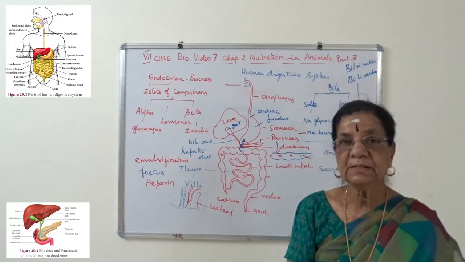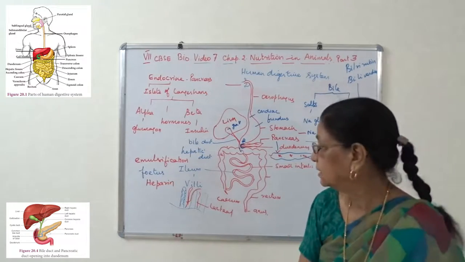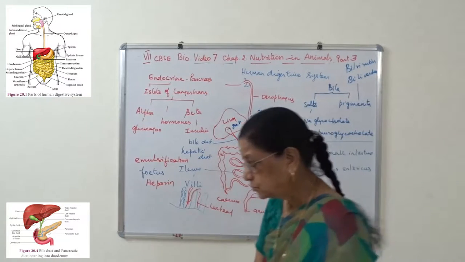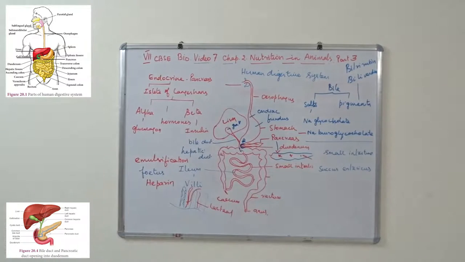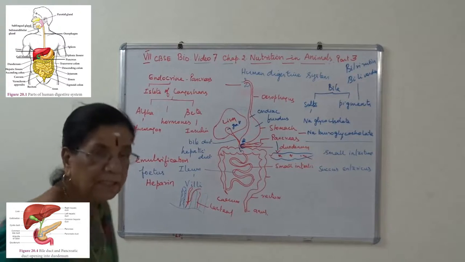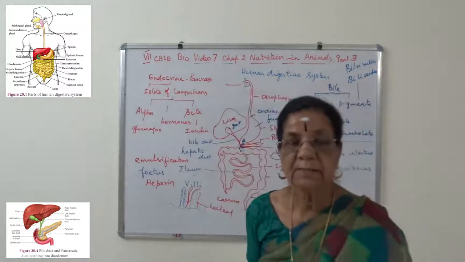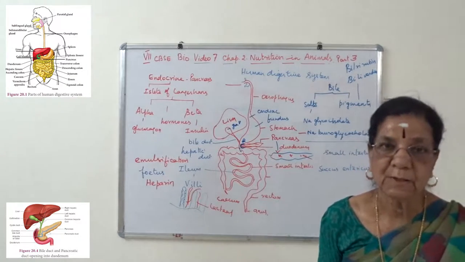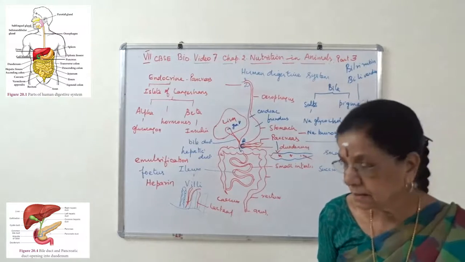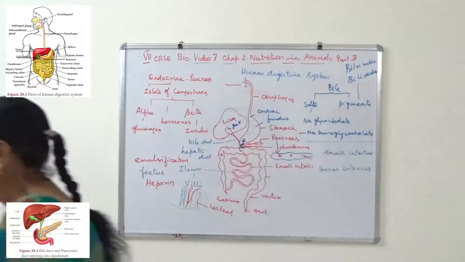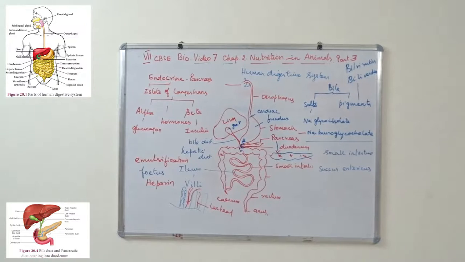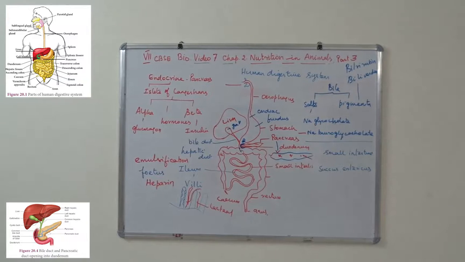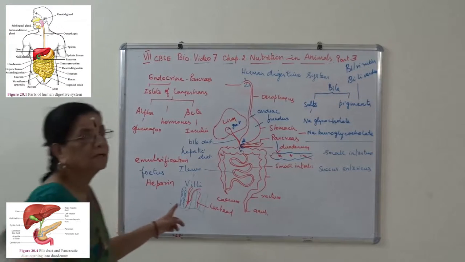And then in the ileum portion of the small intestine, absorption takes place, and for that absorption there are villi. Villi are the finger-like projections meant for increasing absorptive surface area. I hope you understand. And along with that, a structure called the lacteal is also mingled along with the villi.